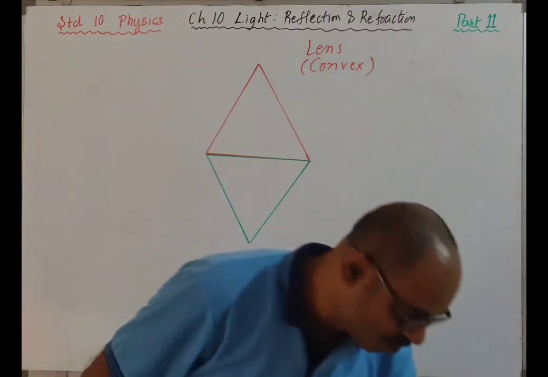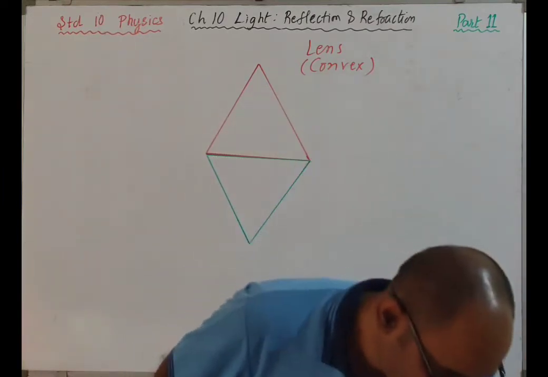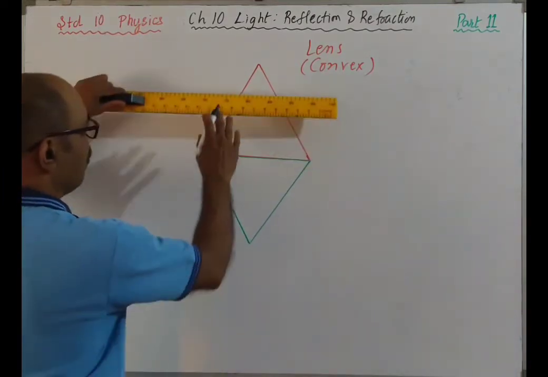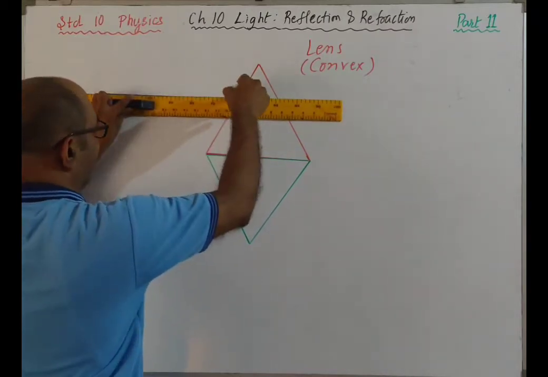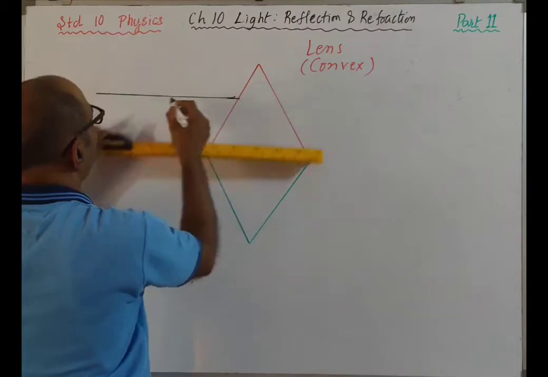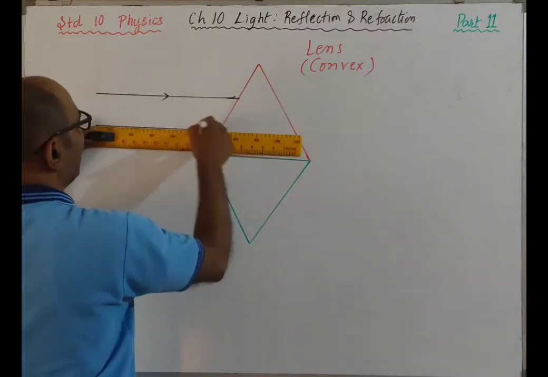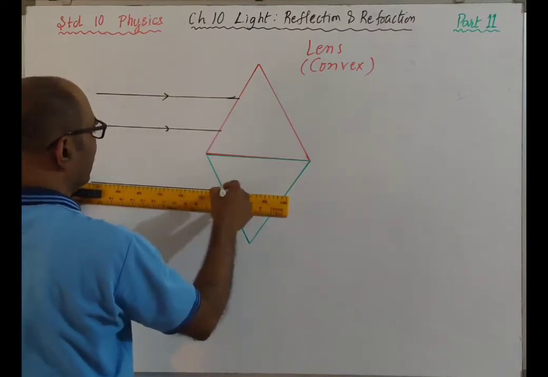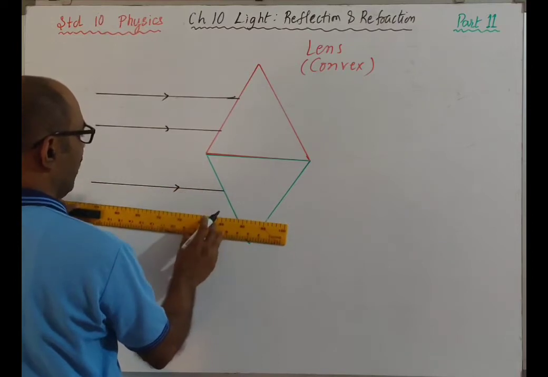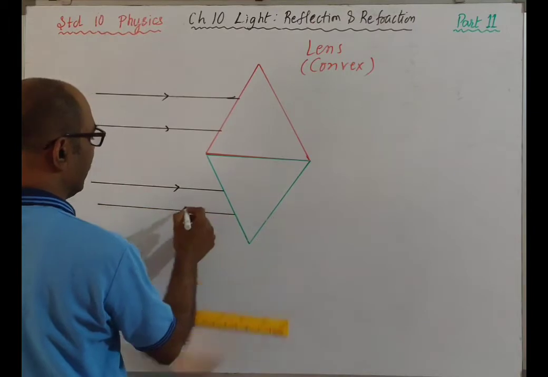Now what happens, children? Please try to understand. I'm going to draw all the rays. This is the first incident ray. Correct? This is the second incident ray. Alright? This is the third incident ray. And this is the fourth incident ray.